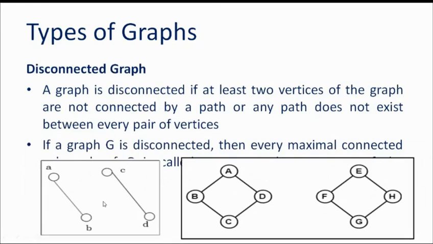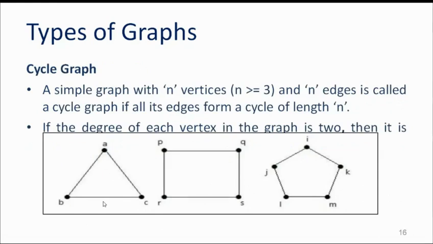Disconnected graphs. Just as we discussed previously, if you remove the edge, then we get the disconnected graph. Cycle graph: a graph with n vertices, with n greater than or equal to 3 and n edges, is called a cyclic graph or cycle graph if all its edges form a cycle of length n.